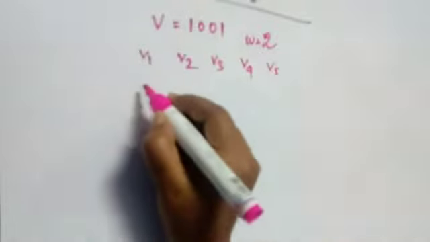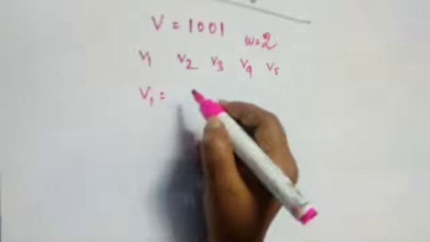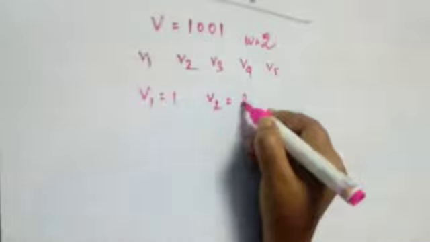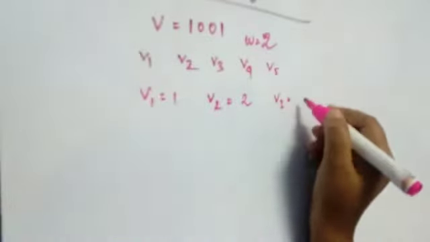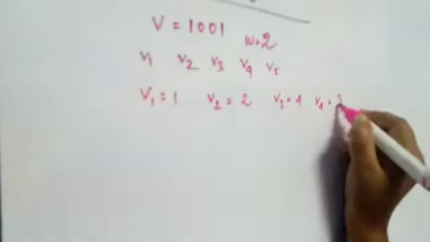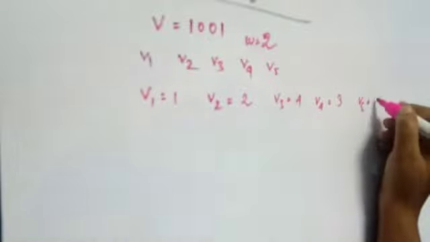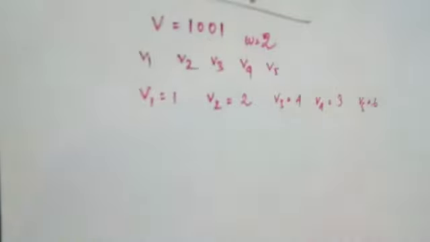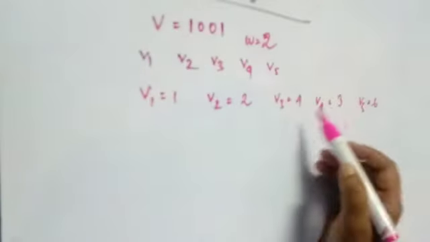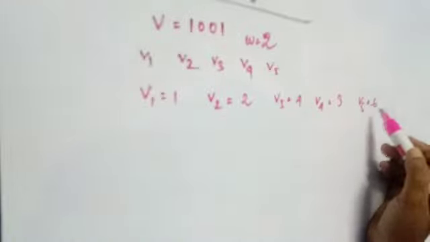Suppose the weight of V1 is 1, weight of V2 is 2, weight of V3 is 4, V4 is 3 and V5 is 6.